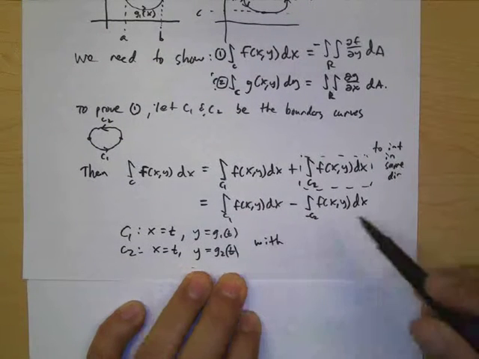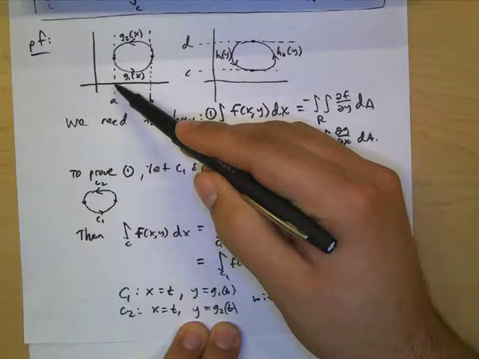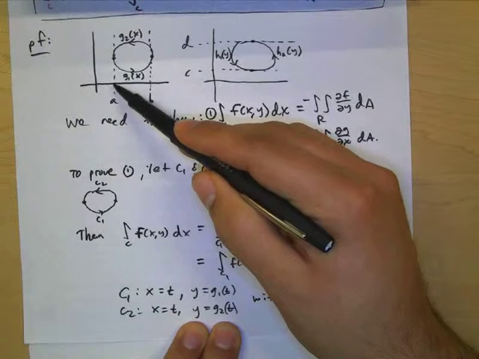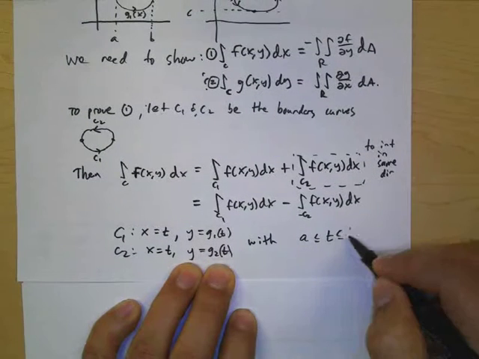And now our bounds, we're going to go back to this first picture here. Our bounds for t, since t is x, is just going to be from a to b. So a is less than or equal to t, which is less than or equal to b.